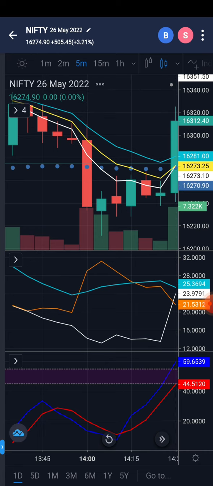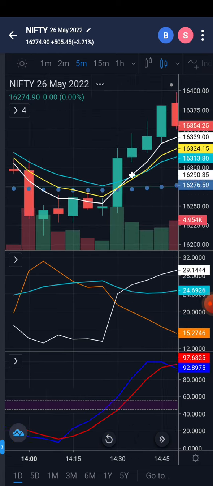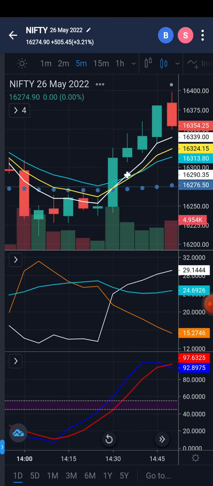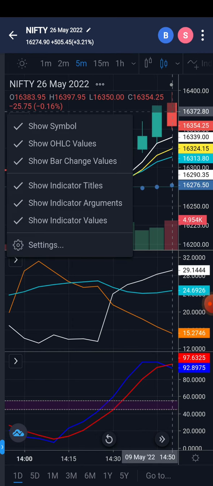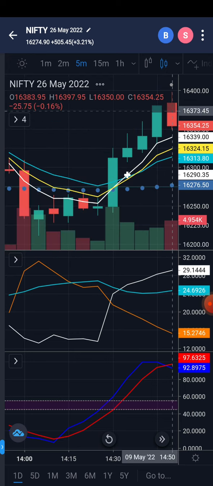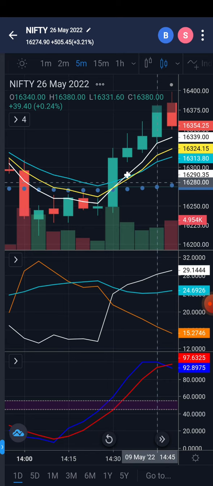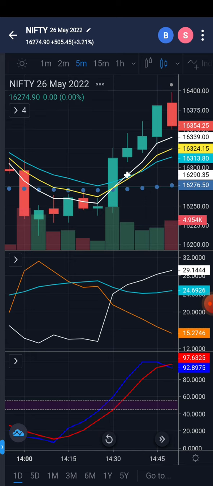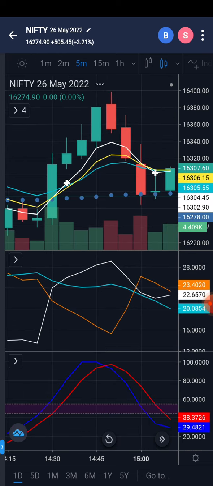So 255, then yes, red candle is formed, 255 to 372. So consider 280 to 380, means 100 points. So you catch the 50-point movement.